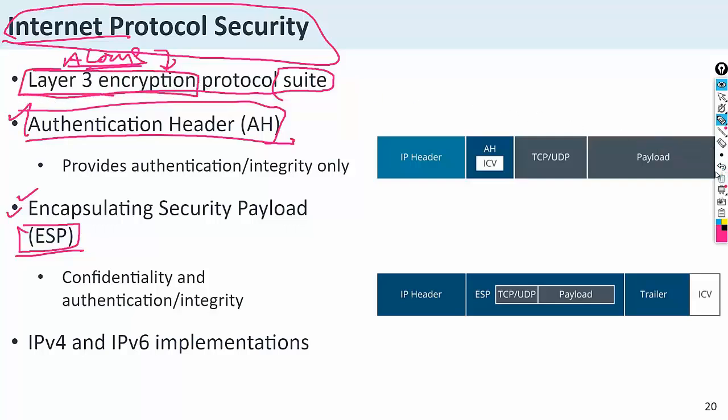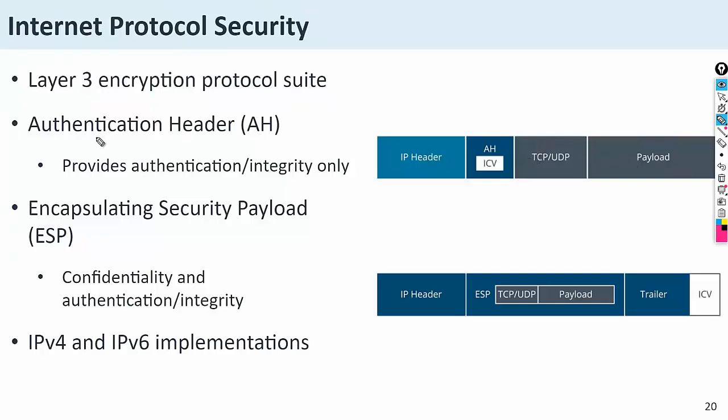Already you know that when the data is traveling, some type of authentication is required. When authentication is required, it will be done with the help of the AH, the authentication header. What is the authentication header? It has some value.